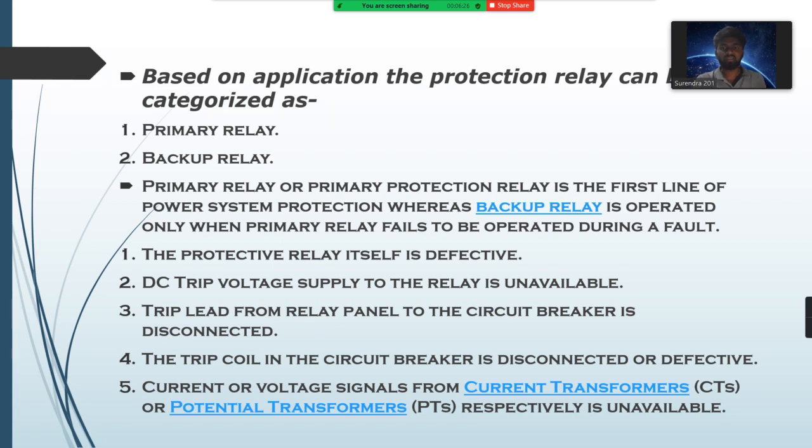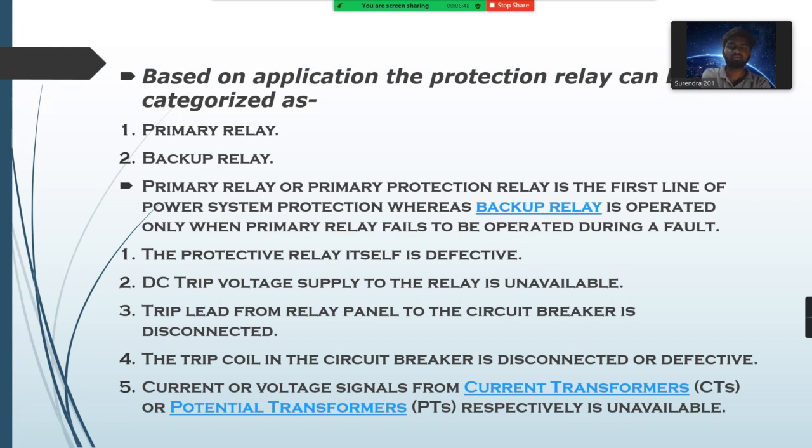Whenever the primary relay operates, the backup relay also supports the main relay to support the system. The primary relay may fail when the protective relay itself is defective, and the DC trip voltage supply to the relay is unavailable.